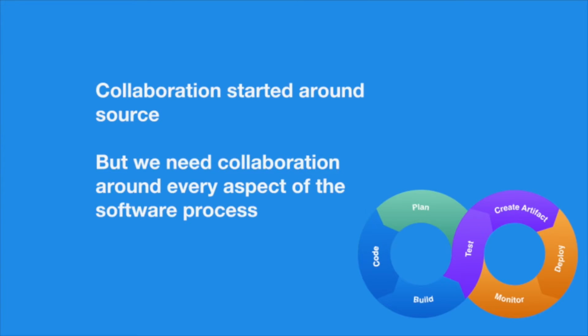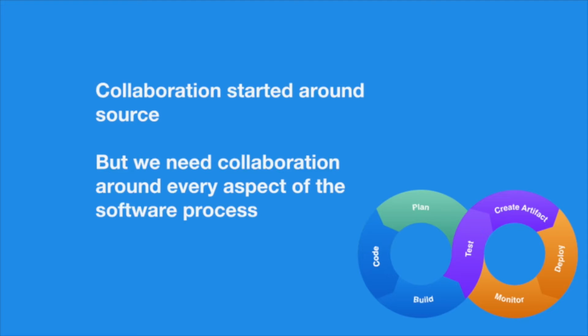Collaboration in software started with source code, and we can see that from some of our earliest projects in the 50s and 70s, which were about version control, sharing source code, open source. But then we saw pretty early on that it wasn't just source code we needed to share and collaborate on.